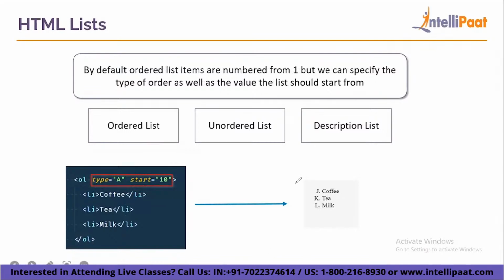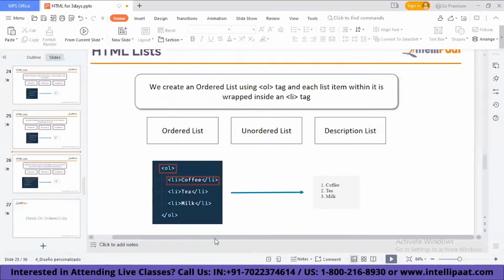By default, the list items will be numbered from one, but we can specify the type of order as well as the value the list should start from. Basically they are saying this property. If you write this code now, it will just display the output like this.